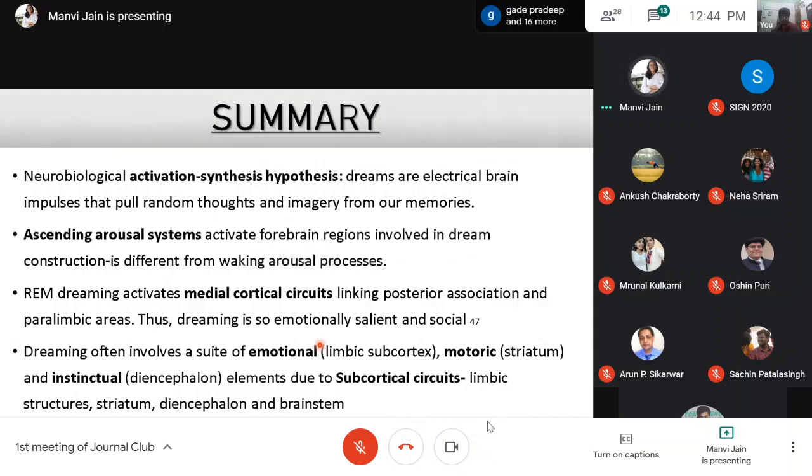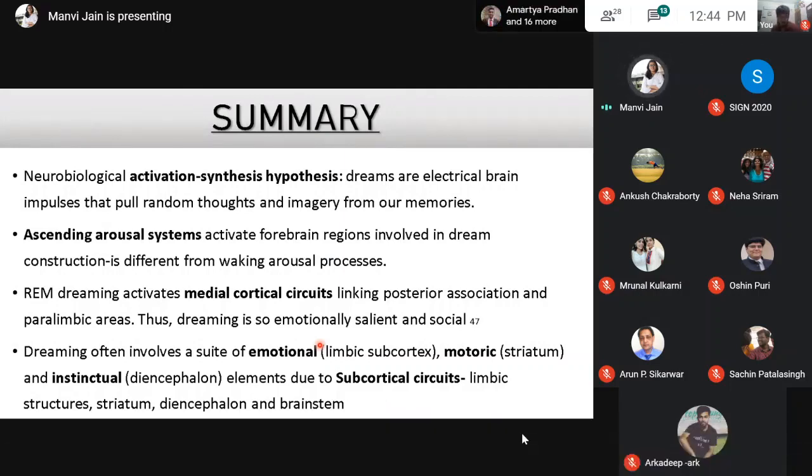The ascending arousal systems also activate four brain regions involved in dream construction, and this is different from waking arousal processes. There's a slight distinction between the awake and dreaming states, but of course they are different.